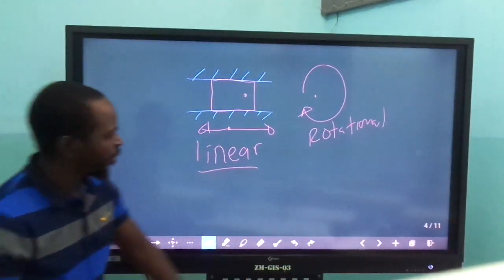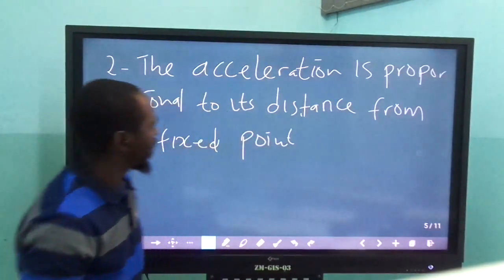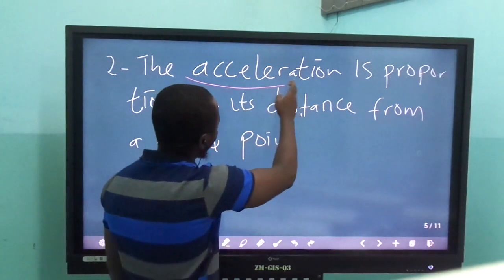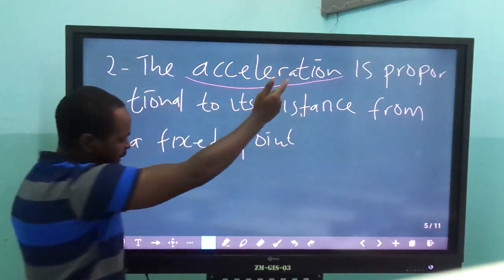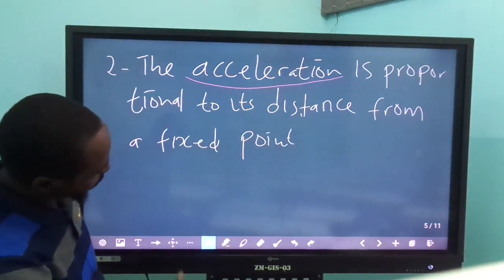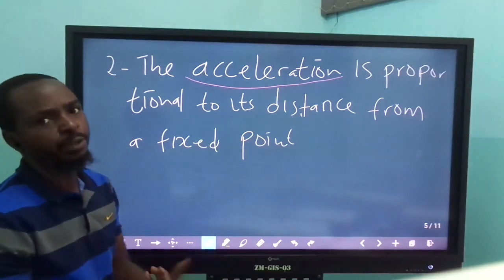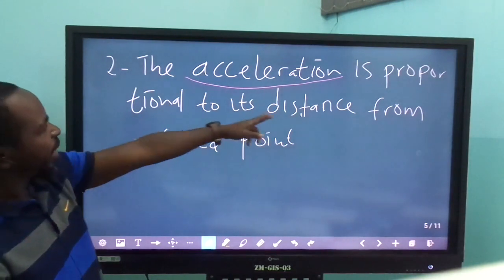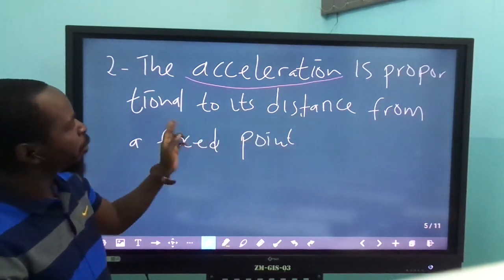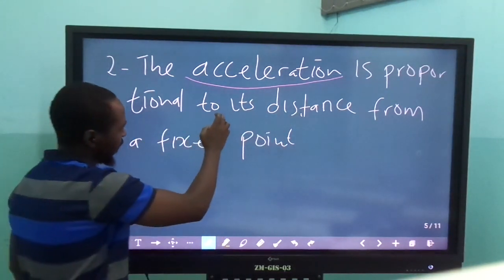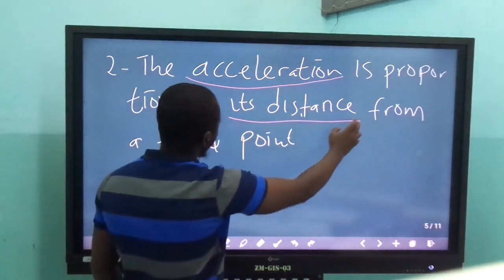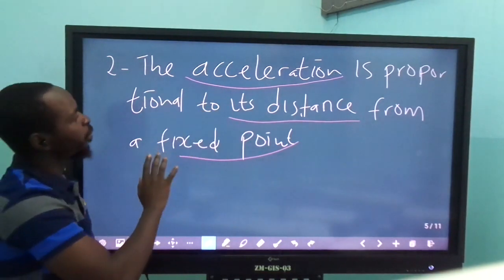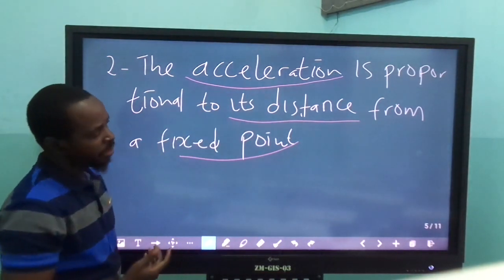The second condition is also in terms of acceleration, but it talks about the magnitude. The acceleration must always be proportional to the distance from a fixed point.